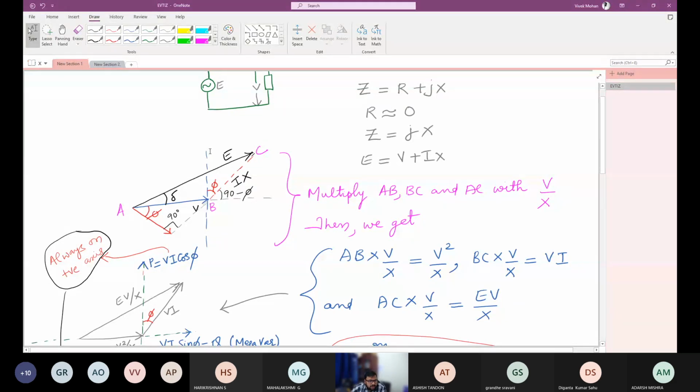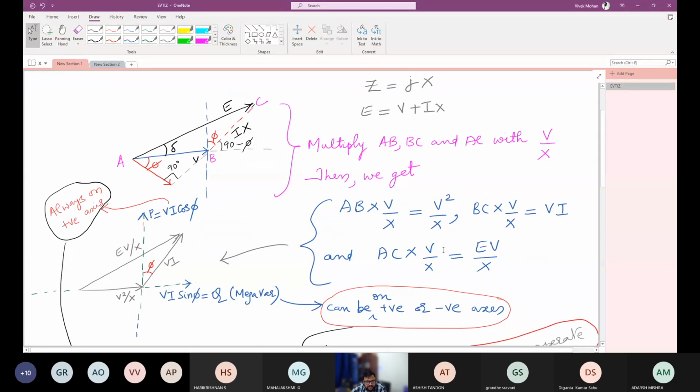Let's see the vertical axis here and the horizontal axis as this. And we mark these points as A, B, and C. And if we multiply the sides of this triangle AB, BC, and AC with V by X, that is terminal voltage by transfer reactance, then what will you get?